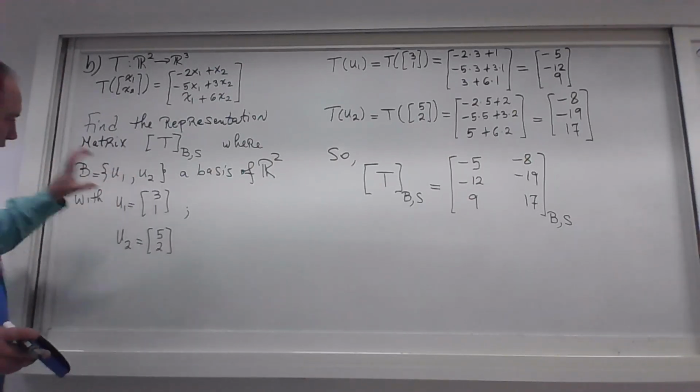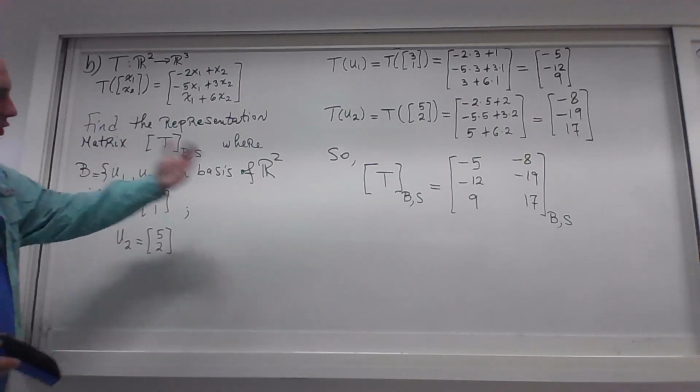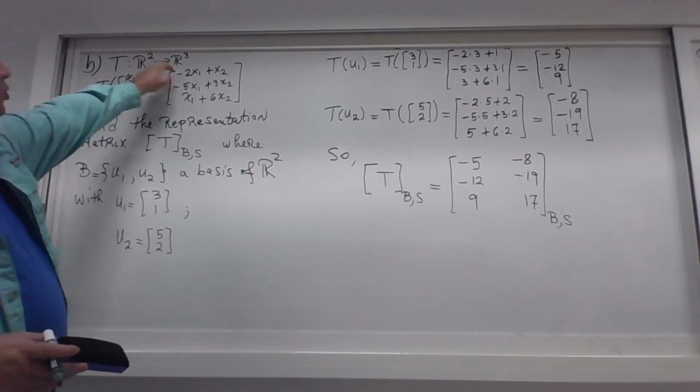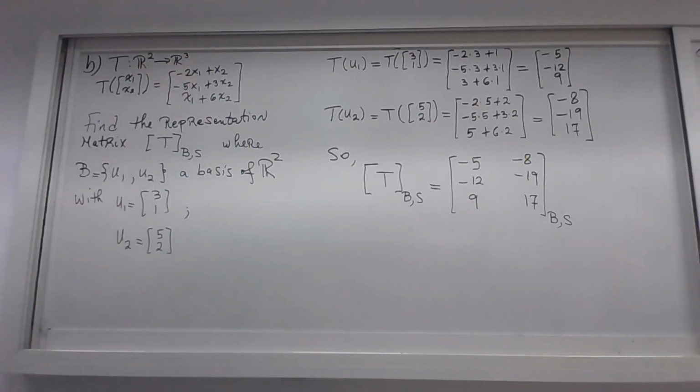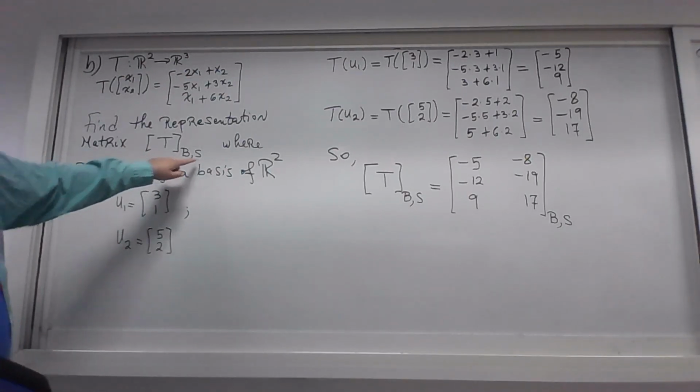So this is a vector, an object from R2. We apply a linear transformation to it, and we get an object, a vector from R3. We remember that linear transformations work on objects. In this case, objects are vectors from R2 and R3, right? Representation matrices work on coordinates of objects, see?